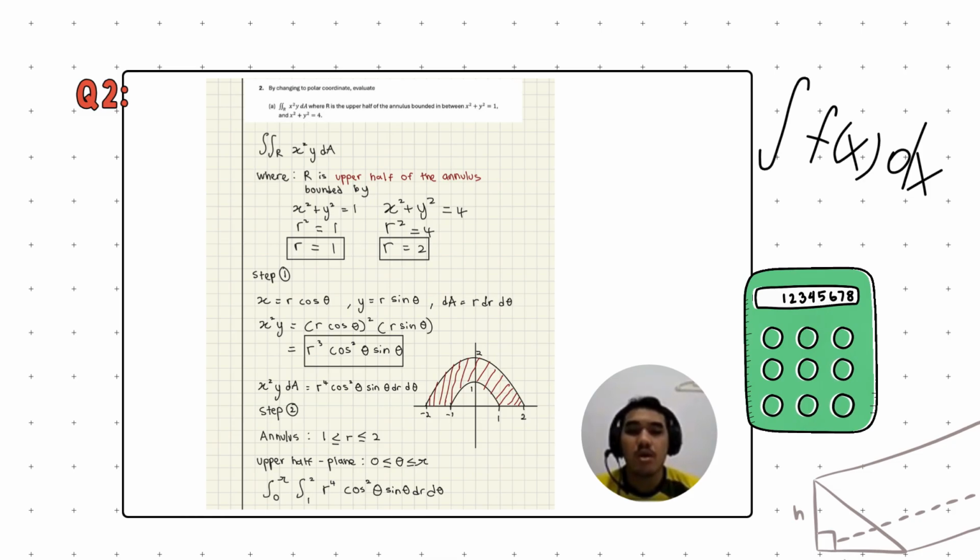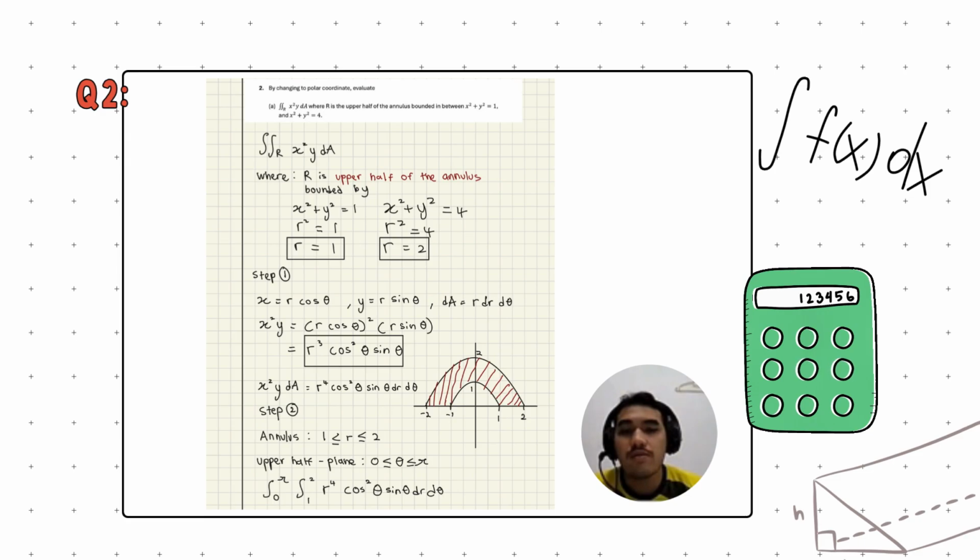For the first step, we have to analyze the region R. We know that region R is bounded between x squared plus y squared equals 1 and x squared plus y squared equals 4.